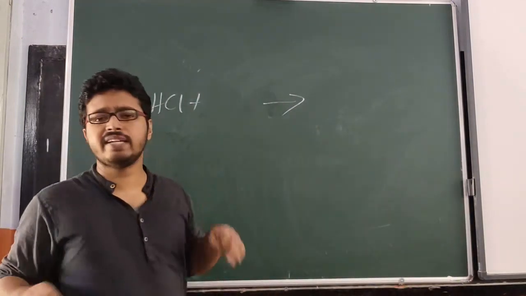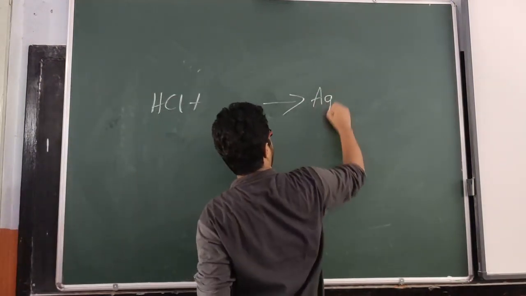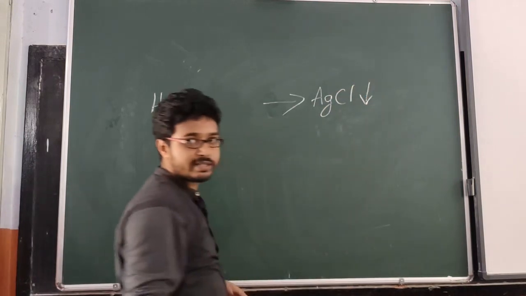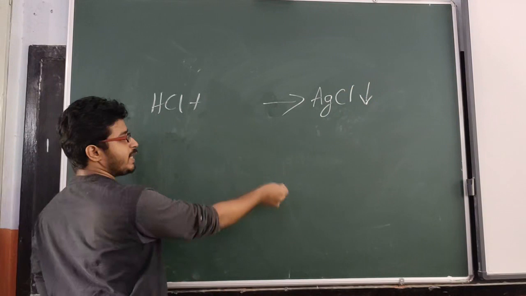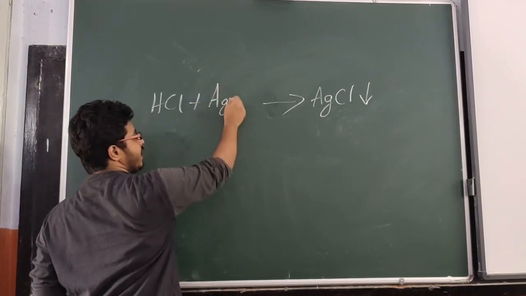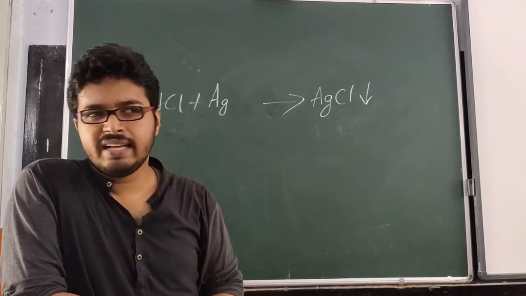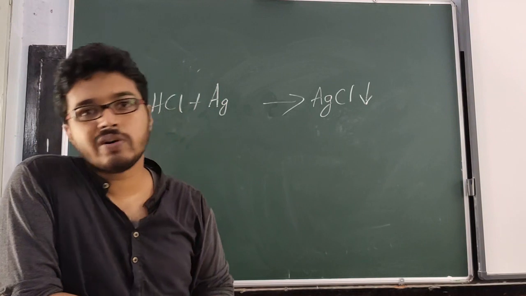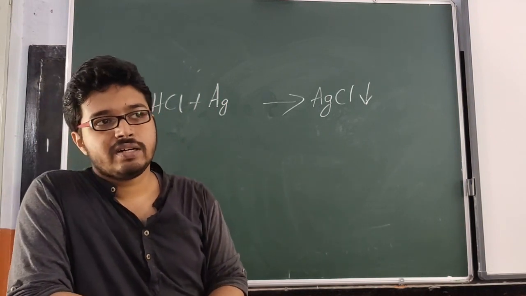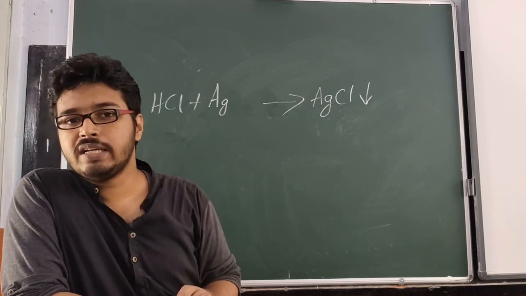The first one that we discussed was AgCl. So the product here is AgCl, and it is an insoluble precipitate that will settle down. If the product is AgCl, that means the reactant must contain Ag. As you know, there are not many compounds of Ag, and I think this year we will be studying one more compound of silver.